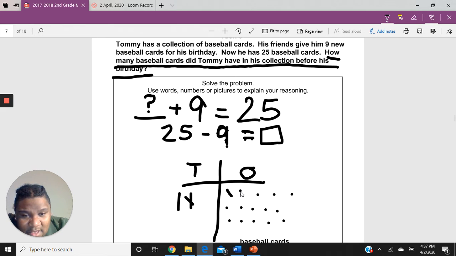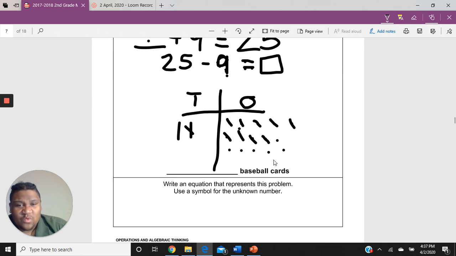1, 2, 3, 4, 5, 6, 7, 8, 9. So I have 1, 2, 3, 4, 5, 6 ones left. 6 ones left.